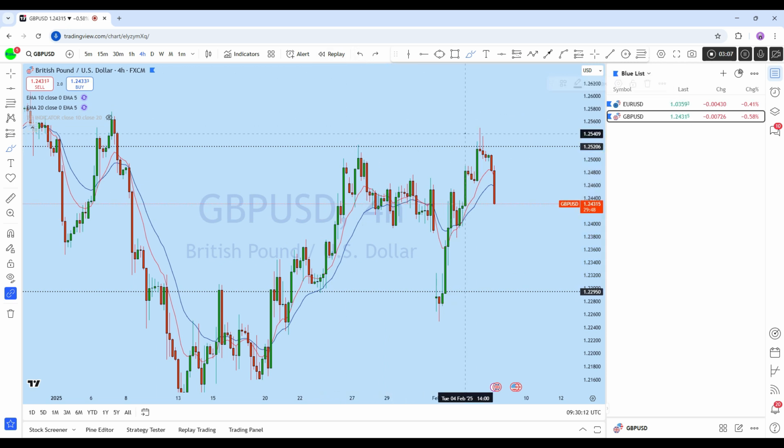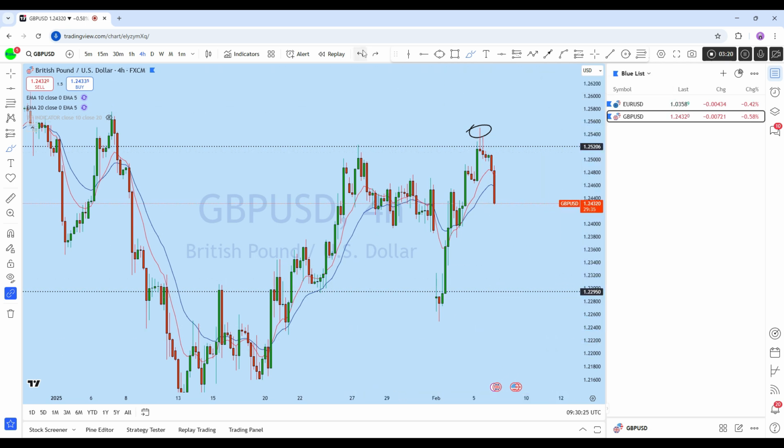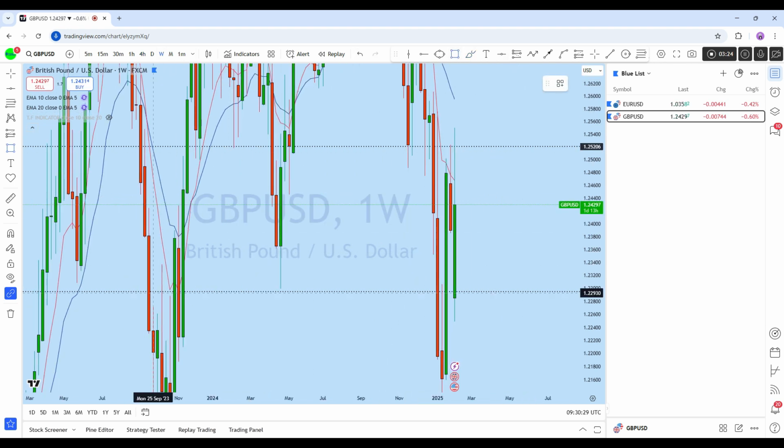As we can see, with the new higher high, I think the price is potentially coming to that support, either creating a higher low or a lower low. We could see a further bounce back up, which might bring a potential retest of this weekly support level on British pound US dollar.